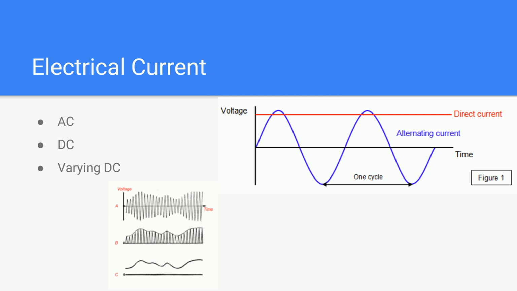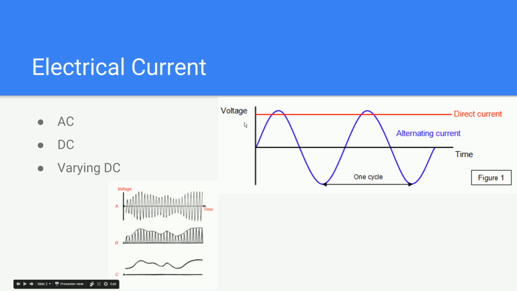Alright, to start this out, I'm going to be going over just the basics of how electrical current operates. So AC current, or alternating current, varies direction, or the direction that the electrons flow in a wire, at a certain rate per second, measured in hertz. In the USA, the electricity that we get from the wall is 60 hertz at around 120 volts, so it goes back and forth 60 times in 1 second.